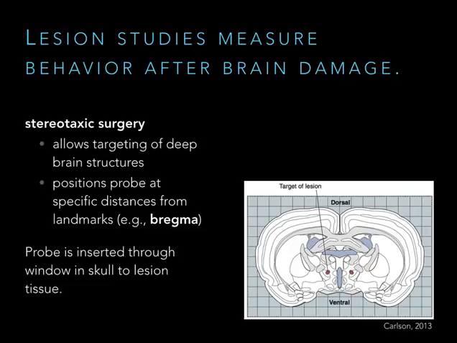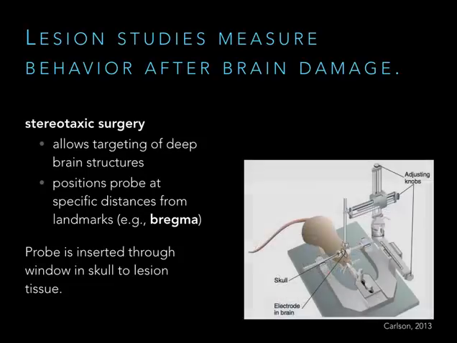So on a real atlas, they'll actually mark units, so it'll tell you how many millimeters you need to move away from bregma, either front or back, left or right, and then how deep in order to target your area of interest. So once you identify bregma, you just simply adjust the three knobs shown in this illustration to move your probe the appropriate distance either forward or back, left or right, and then down into the brain to then make your manipulation.